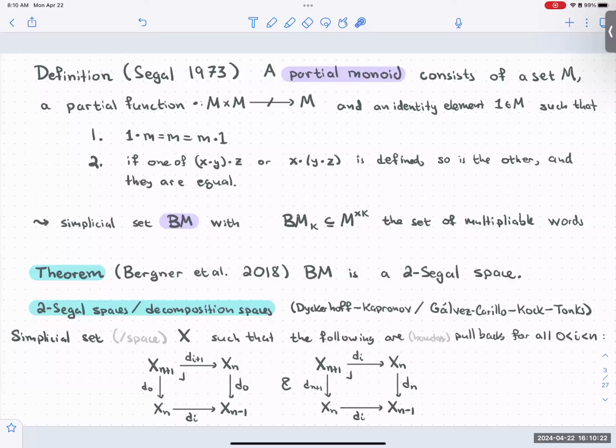Right. So this is sort of some background. I've been thinking about these two-Segal spaces for some time, maybe quite a bit, since 2020 or so.